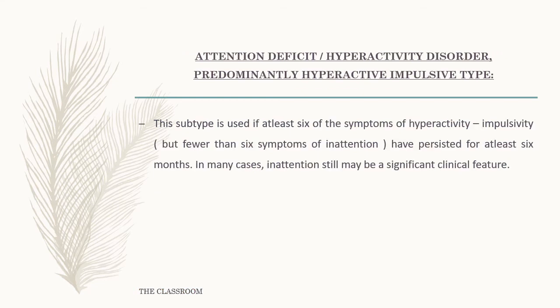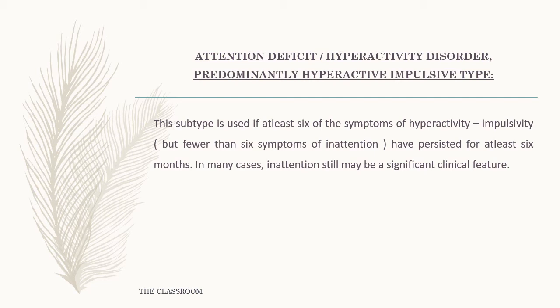Now the next one is attention deficit hyperactivity disorder, predominantly hyperactive-impulsive type. This subtype is used if at least 6 of the symptoms of hyperactivity and impulsivity, but fewer than 6 symptoms of inattention, have persisted for at least 6 months. In many cases, inattention still may be a significant clinical feature.